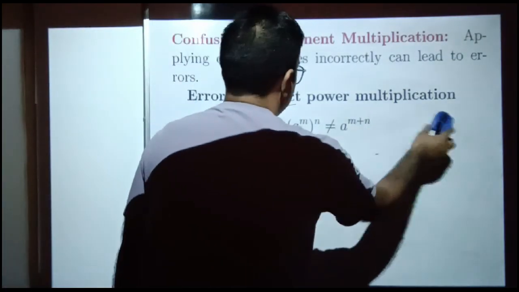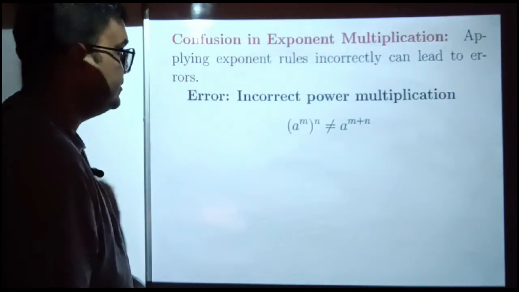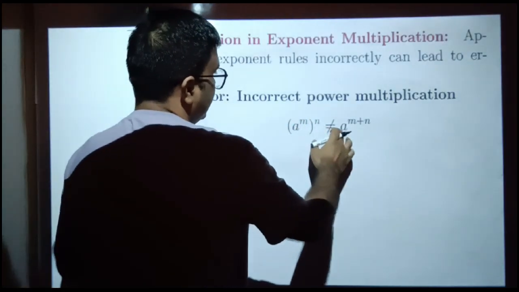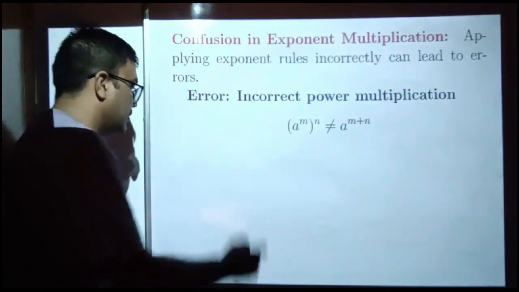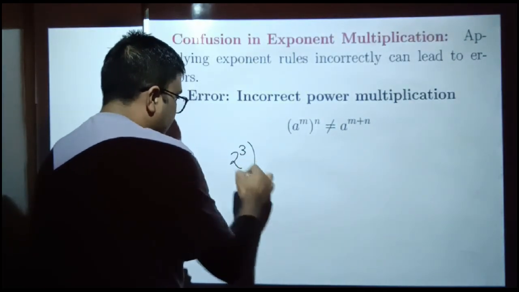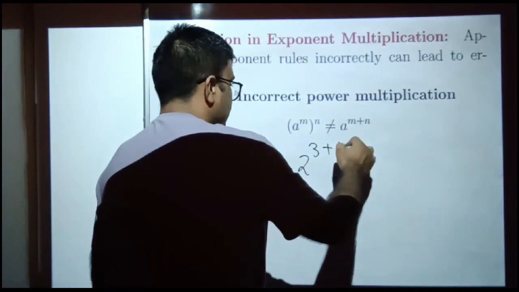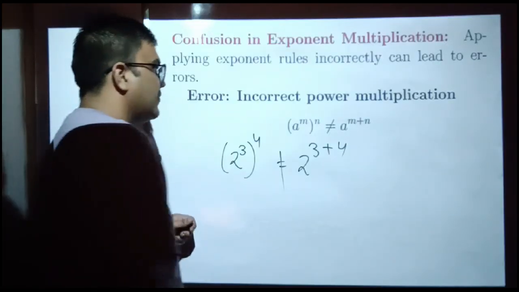Next is confusion in exponent multiplication. Whenever we have a raised to the power m raised to the power n, this is not equal to a raised to the power m plus n. I am talking about 2 raised to the power 3 raised to the power 4. What do students do? They write 2 raised to the power 3 plus 4. This is incorrect. What is the formula here?